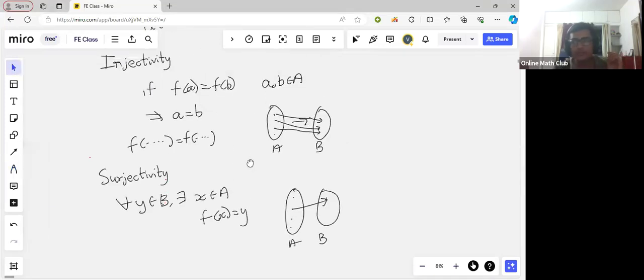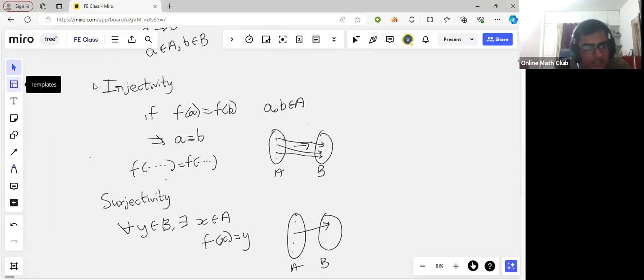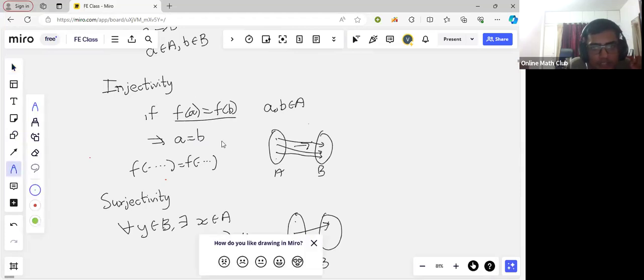So we have these two things, injectivity and surjectivity. If the function is injective, then f of A equal to f of B implies A equal to B. The other way is always true, but injectivity is not necessarily true for all functions. If we have injectivity for some function, then we can do this thing.